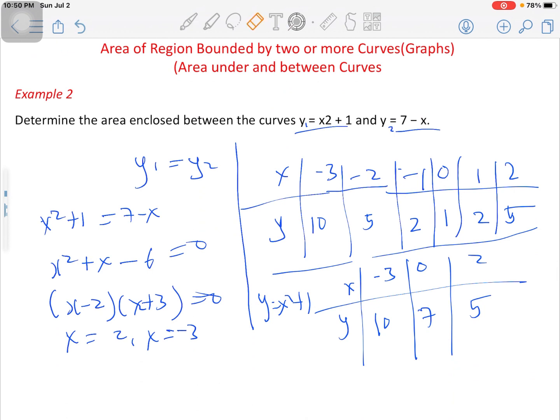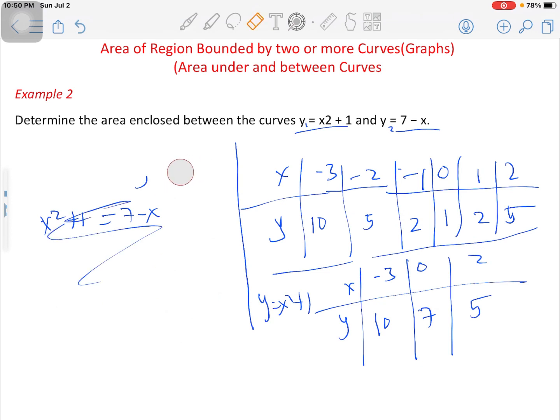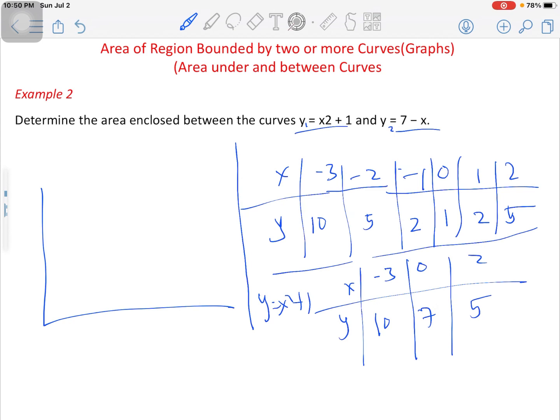Or if you don't want to pass through this whole process, what you can do is, after determining the two values of x, draw the Cartesian plane and tell yourself that the two values are 2 and negative 3.